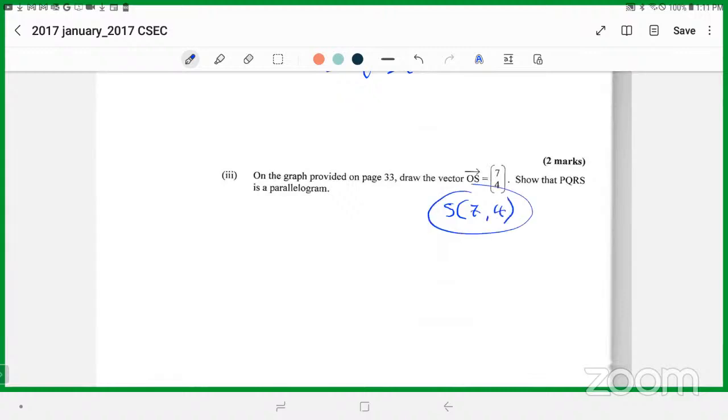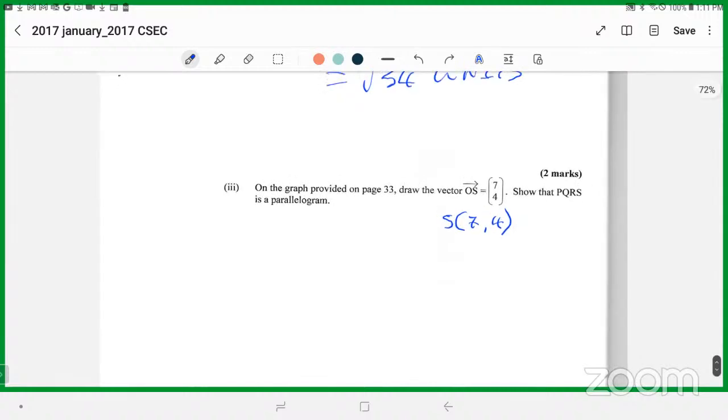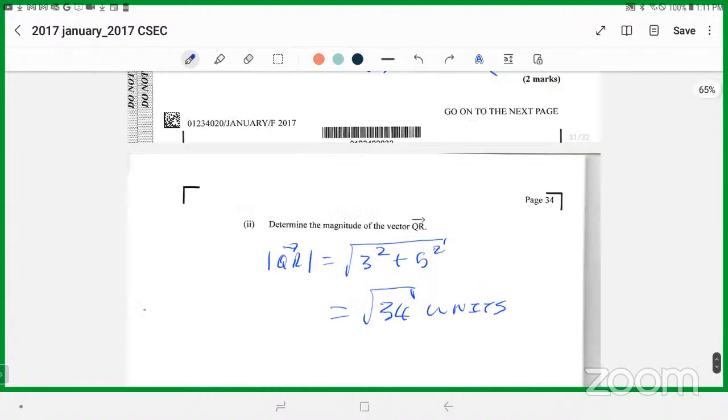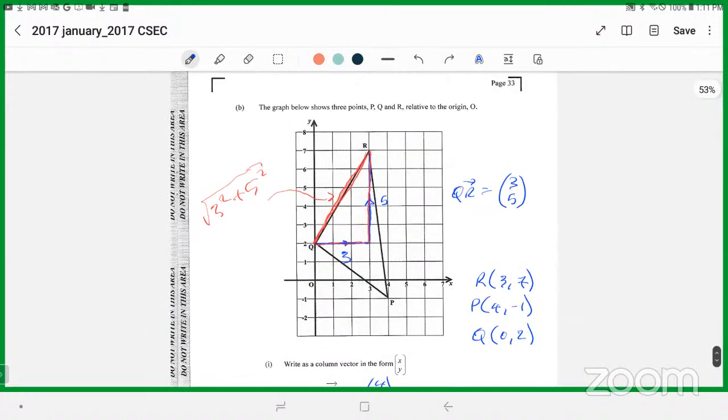So put the point 7, 4 and then draw the vector from O to S. As I said, it's a draw the vector, so you need to draw the line from O to S. Where is that point? 7, 4: 7 across, up to 4 right here. So 7, 4 is this point right here. That's where the point S is located.